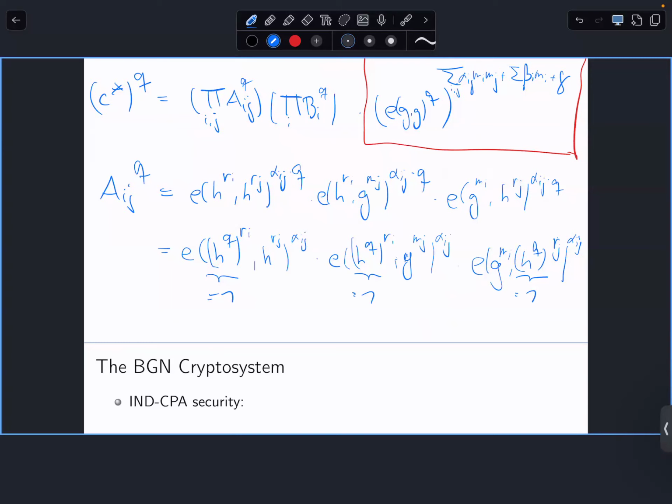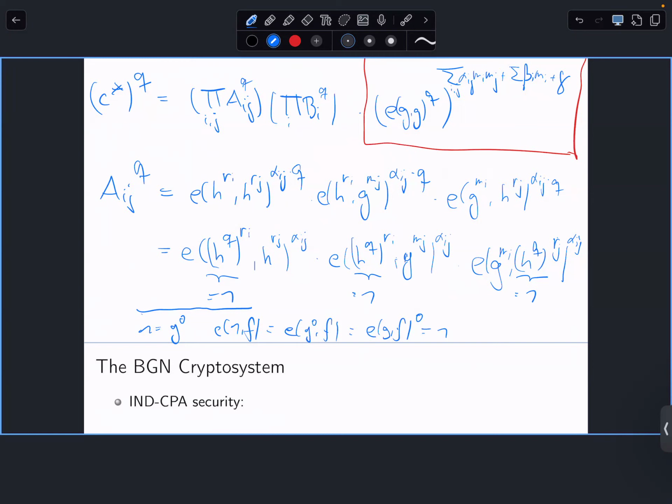Because you can always write one as G to the 0, and if you now take E of one and, say, some F, this is E of G to the 0, comma F. Now you can pull out the 0 and have E of G, comma F, to the 0, and raising something to the 0 is always 1, right? That's a simple way to remember this. It's maybe not the mathiest way to derive this, but there are other ways of doing this.